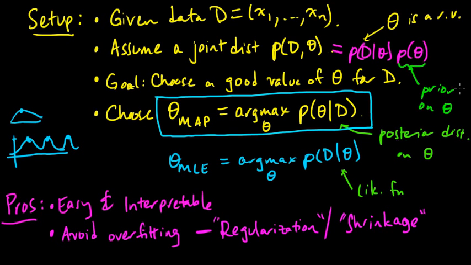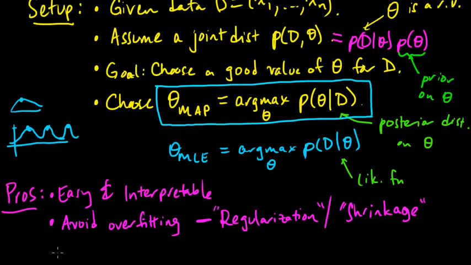And one third sort of nice thing is that the MAP tends to look like the MLE asymptotically.